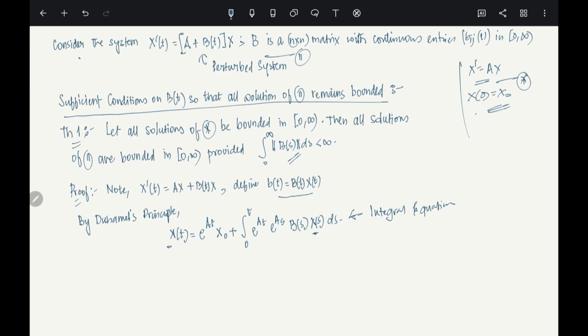See, what is this solution? This is any given solution of the system, right? Please understand, this is the general solution of the system 2. So let's call that x_g of t.